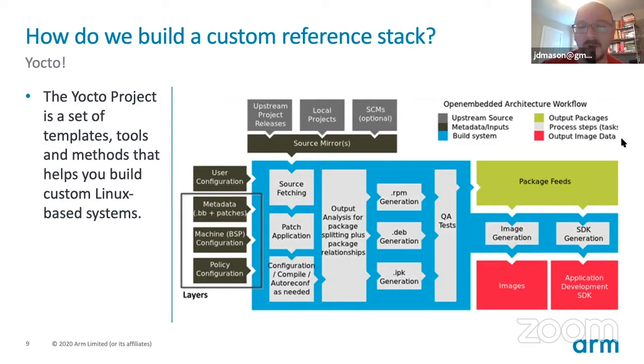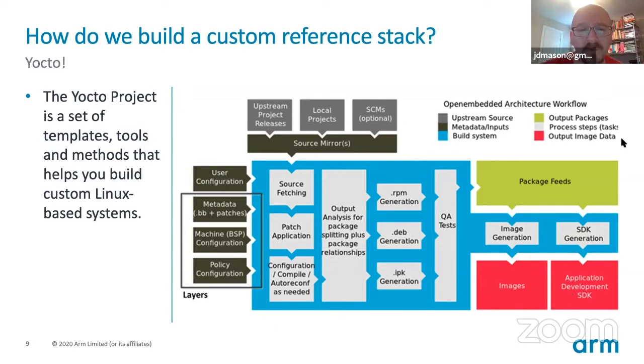If you're looking over to the right, you might see a bit of an eye chart of different pieces interlocking together, and it might be quite confusing. But the pieces that I want you to focus on here are in the lower right-hand corner. You'll see images, and essentially this is the process of how images are created. Over to the left of the graphic is the layer piece.